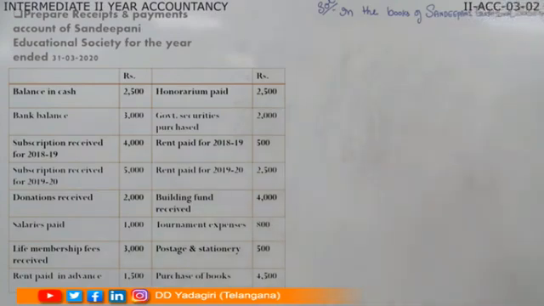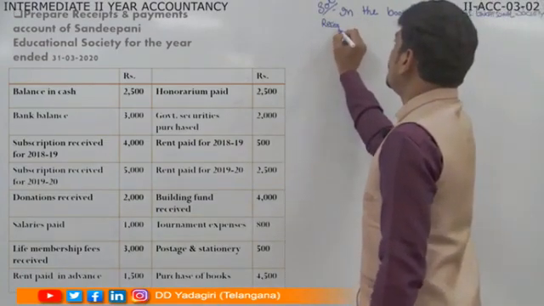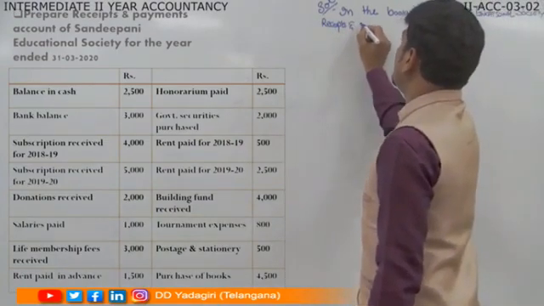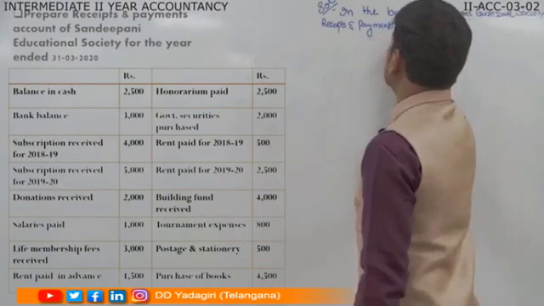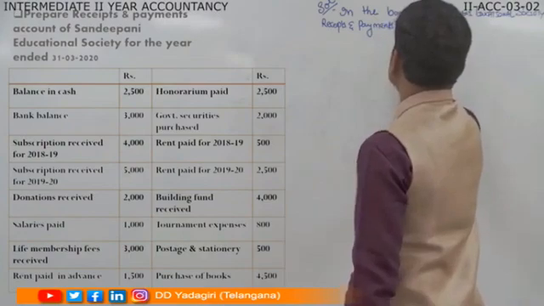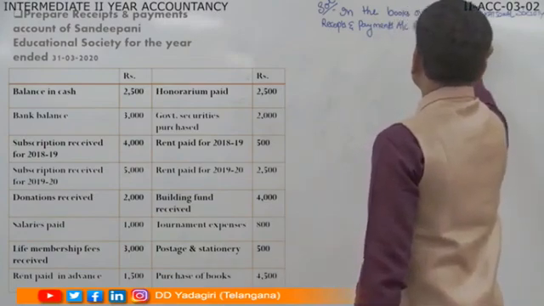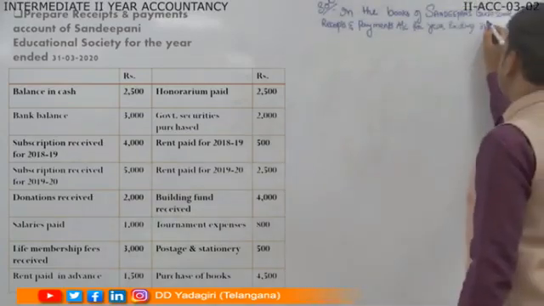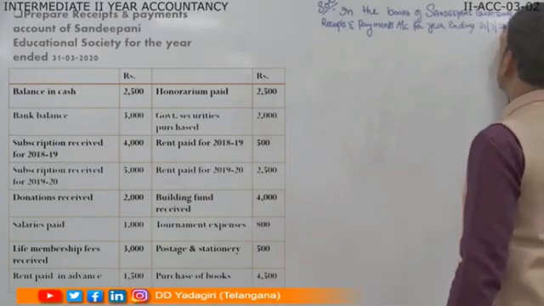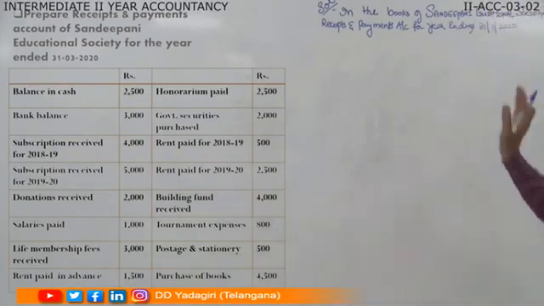First line. Then second we'll write what we are preparing. We are preparing receipts and payments account for year ending. They gave us the year ending as 31st March 2020. Okay, this is the heading.